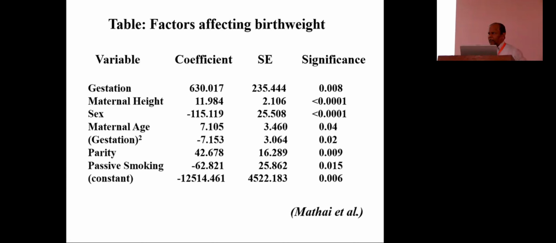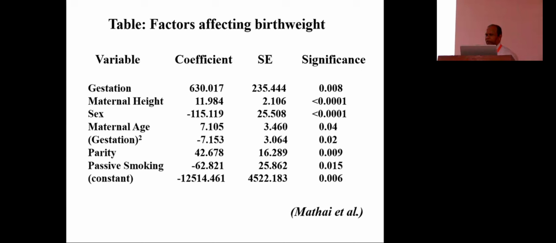Look at this data and tell me what is happening here. We had an outstanding epidemiologist in the obstetrics and gynecology department, Dr. Mathai Matthew. This is about his studies dealing with 900 women.